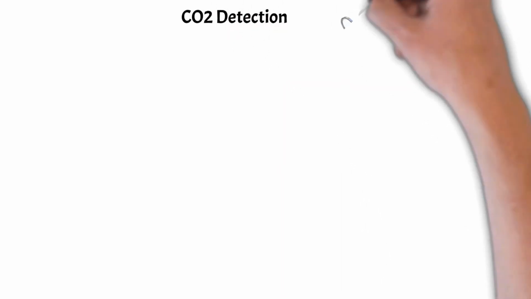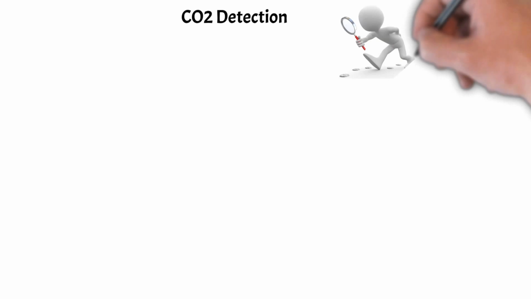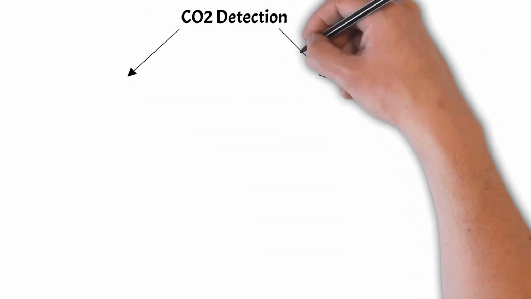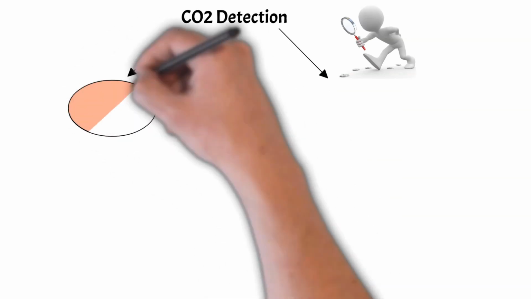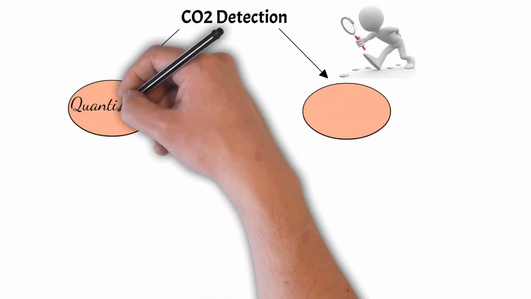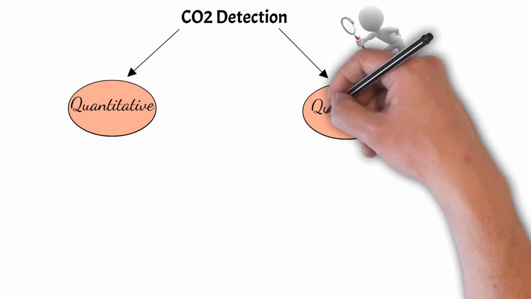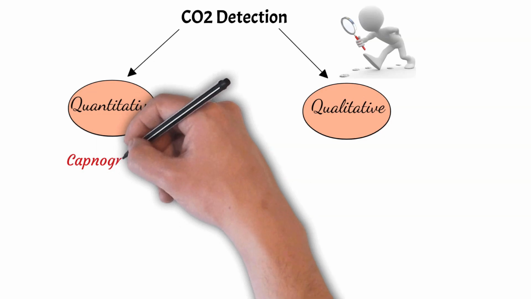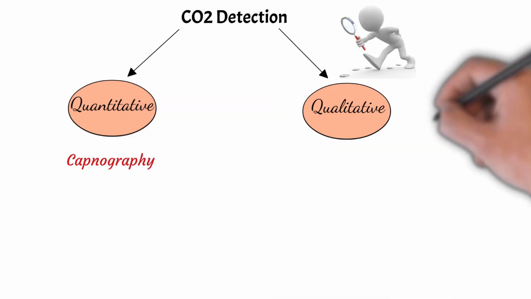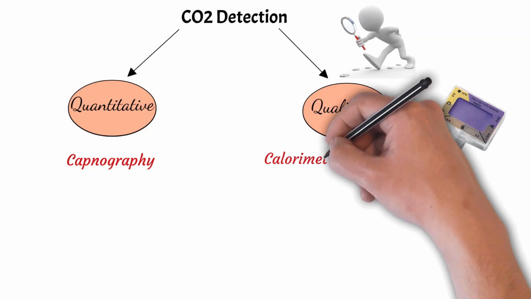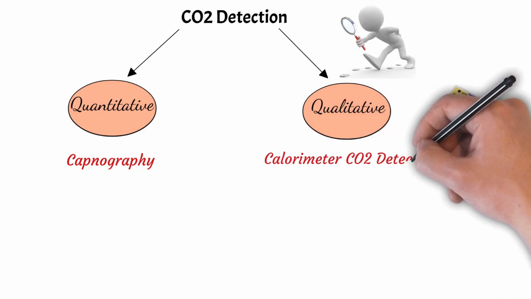The CO2 detection can mainly be done by two techniques. One is quantitative detection and another is qualitative detection. The quantitative detection is done by capnography, while the qualitative detection is done by the colorimetric CO2 detector.